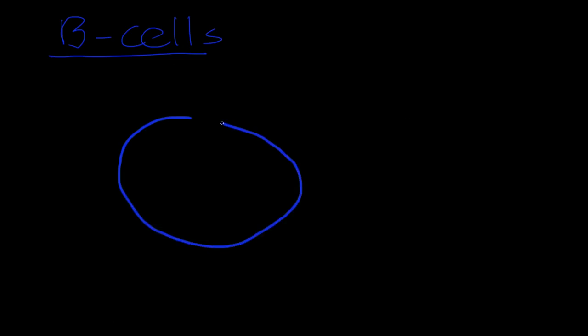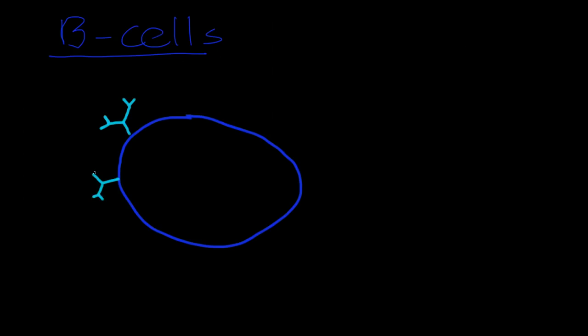Okay, so let's talk specifically about B cells, and we'll review some of the process, and then we'll begin talking about some more specific elements. So again, we've got a big giant B cell here, and it's got this specific antibody, and that's the only antibody that it has.